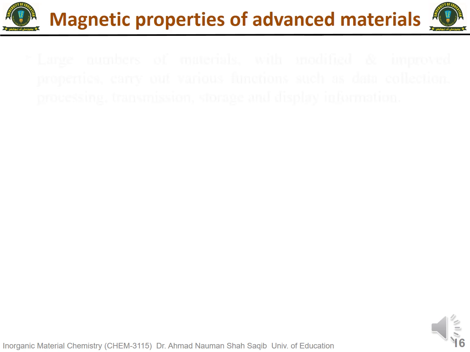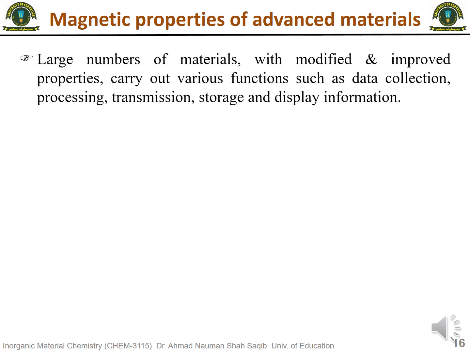Overall, there is a vast variety of advanced materials used for magnetic applications, whether for data collection or processing, data transmission, storage, or display of information, or electrical vehicles. So there is a huge variety of advanced magnetic materials used nowadays in different industries.